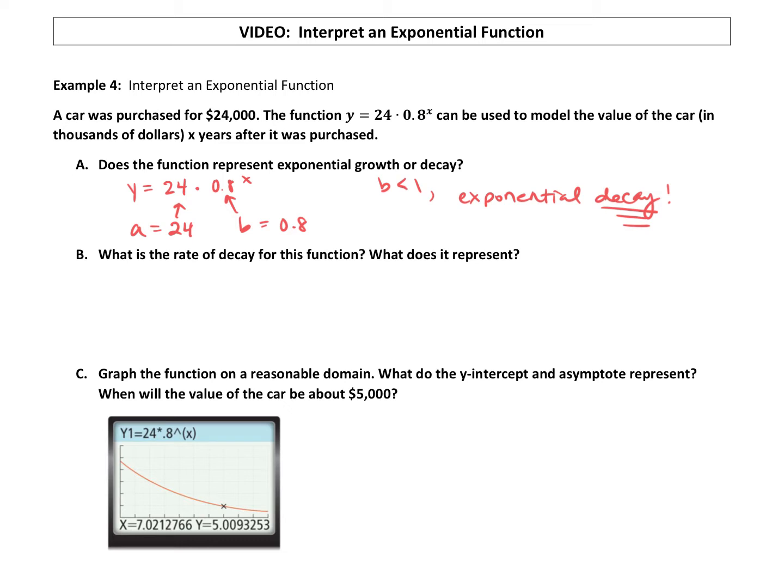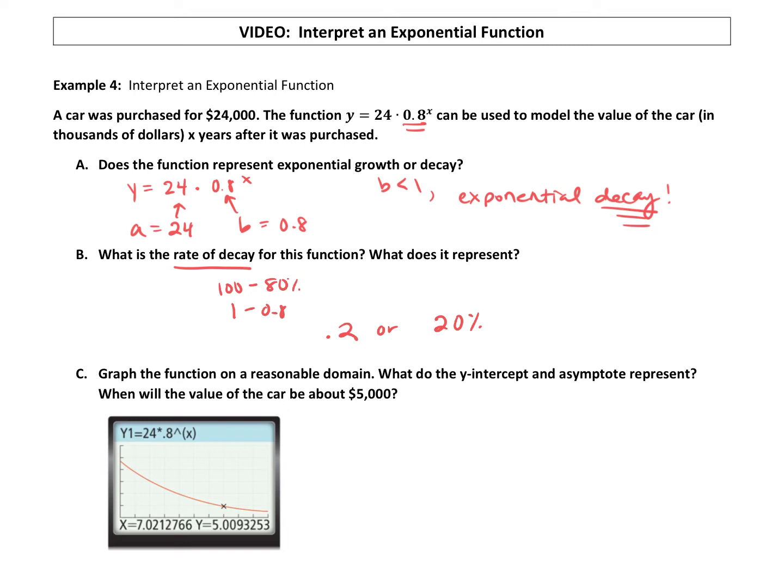Okay, so what is the rate of decay? The rate of decay, how much is it going down by? It's not going down by 80%. It's going down by 100 minus that 80%, or 1 minus 0.8, which is 0.2 or 20%.